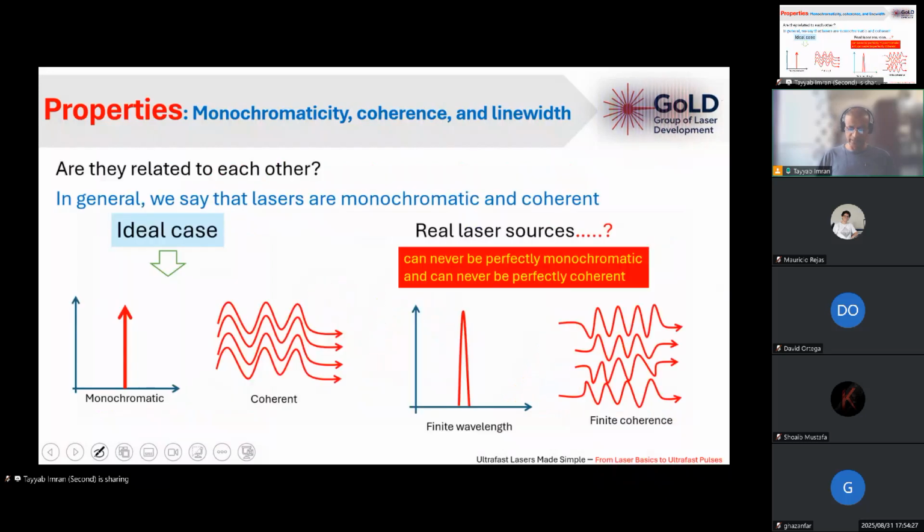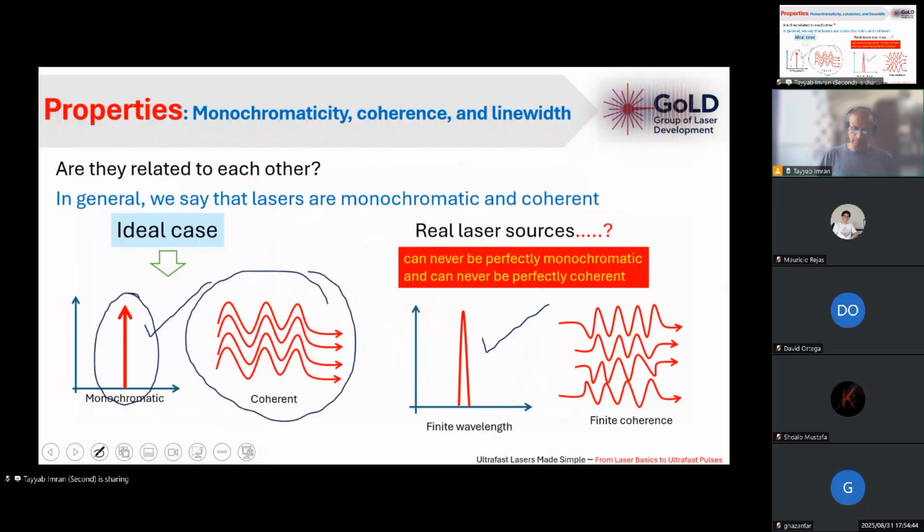Let's move to the next slide. Same thing. This is the line width, and this is also the line width. This is the ideal case. This is the finite coherence, finite wavelength.